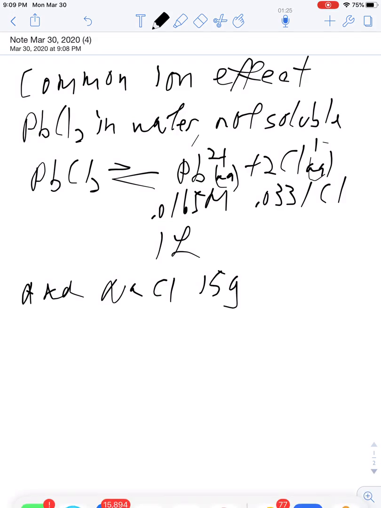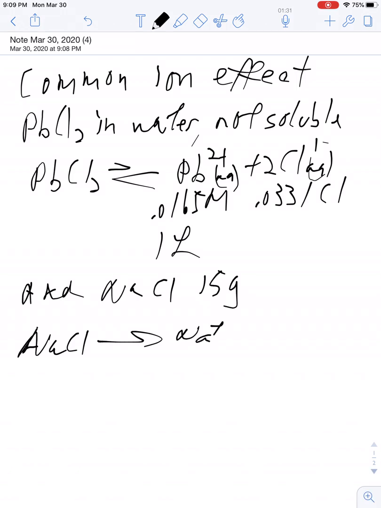So what does sodium chloride do? We know that sodium chloride breaks apart completely, okay? So 15 grams of sodium chloride, we're going to find the molarity.